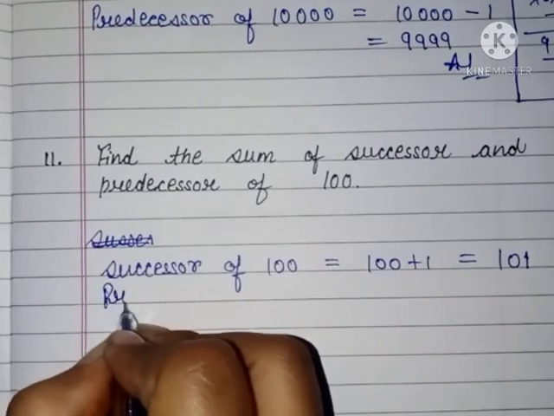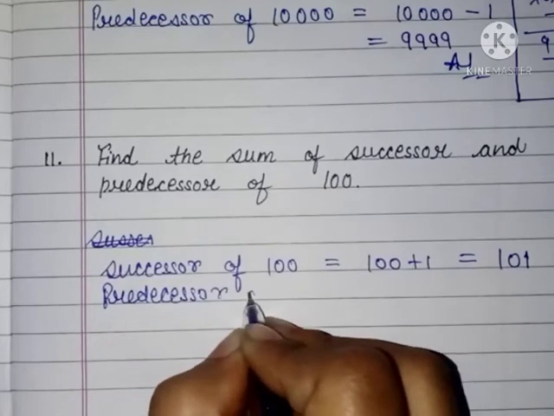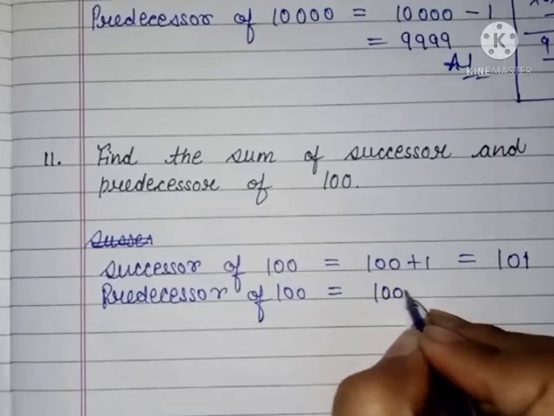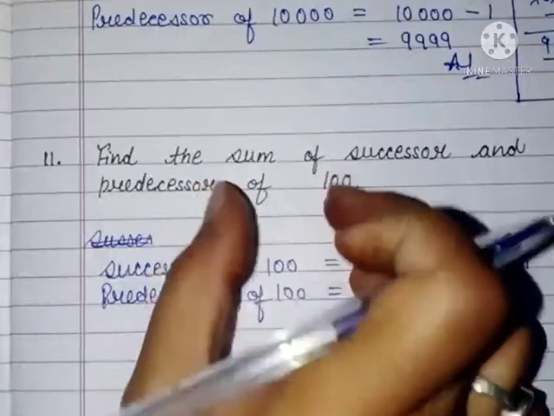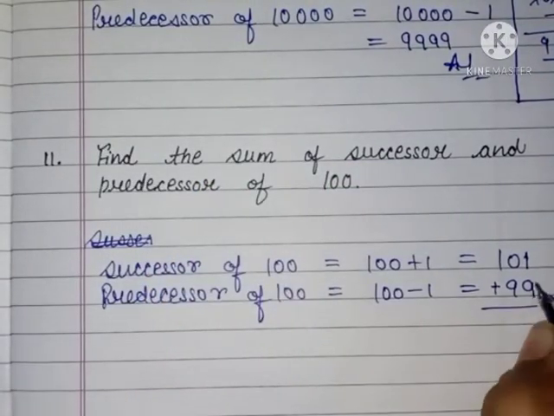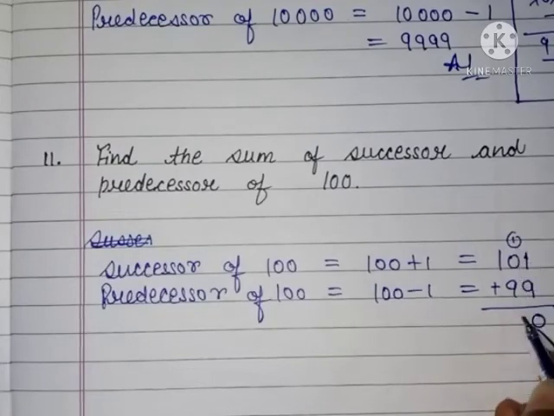Next, predecessor of 100 will be 100 minus 1, that is 99. Now you want to find the sum, so add them. 9 plus 1, 10.